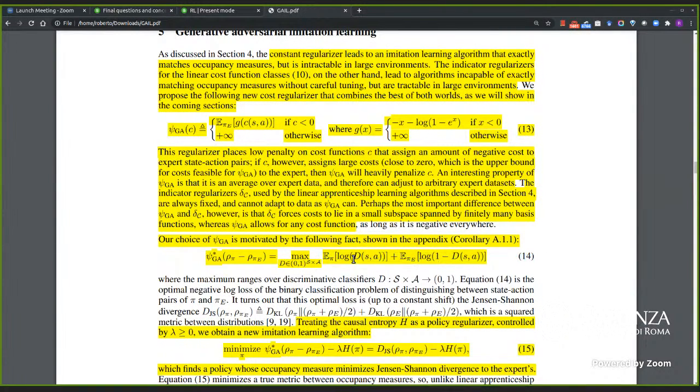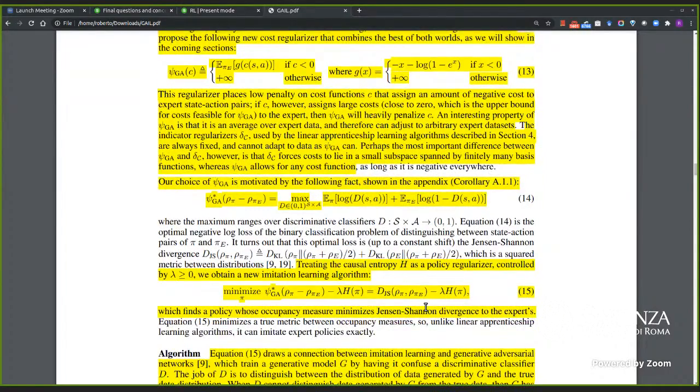This is exactly what is typically optimized in a GAN. So you should have seen these already. We can now understand the details better.